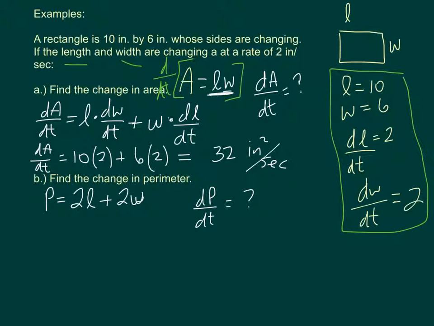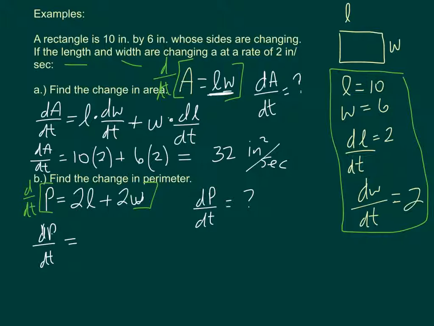Change in perimeter with respect to time. So I need to take the derivative of this formula with respect to time. The derivative of perimeter with respect to time is just going to be dp dt. We're doing implicit differentiation. These variables don't match up.